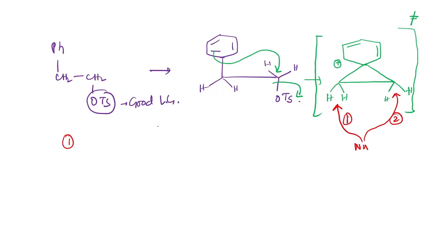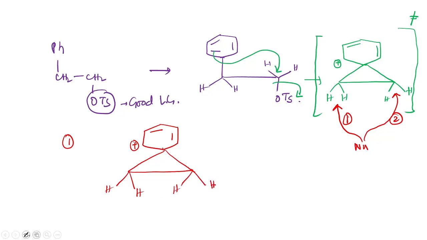In mode 1, if we draw the structure again, the nucleophile will approach from this side, this bond is going to be broken, and the final product will look like this. Here the nucleophile will be attached. Here we have phenyl with 2 hydrogen, correct?